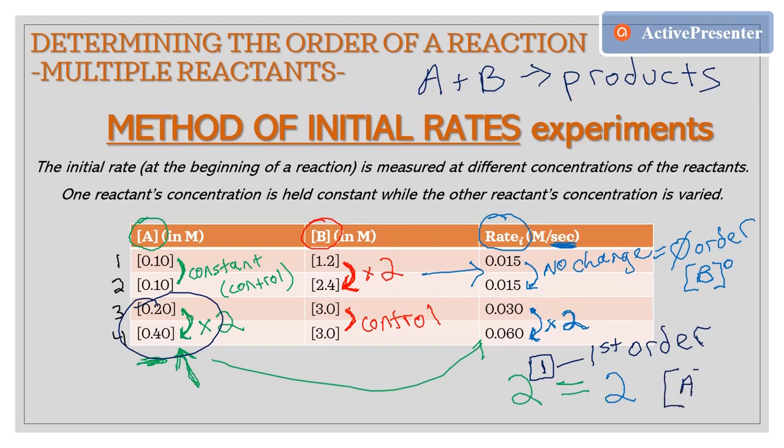So the concentration of A is going to get this little 1 exponent next to it to show that it's first order. B got a 0 exponent because when we were changing the concentrations of B, the initial rate remained the same. But as we doubled the concentration of A, the initial rate also doubled. So A is going to be first order, getting a 1 as an exponent.